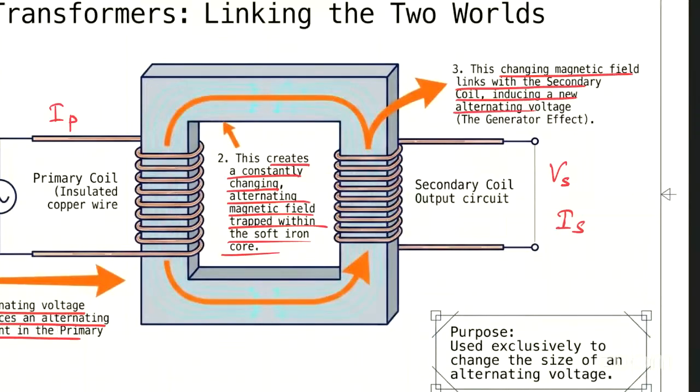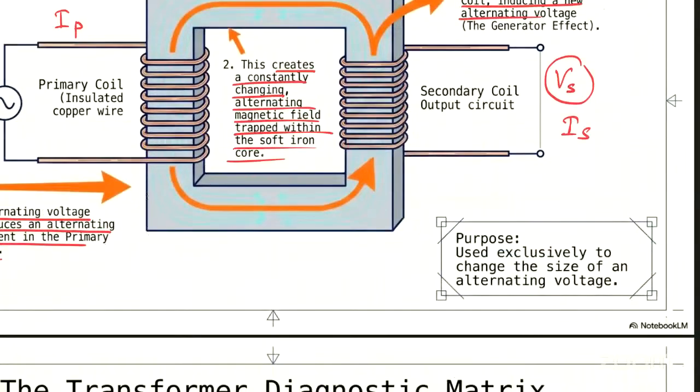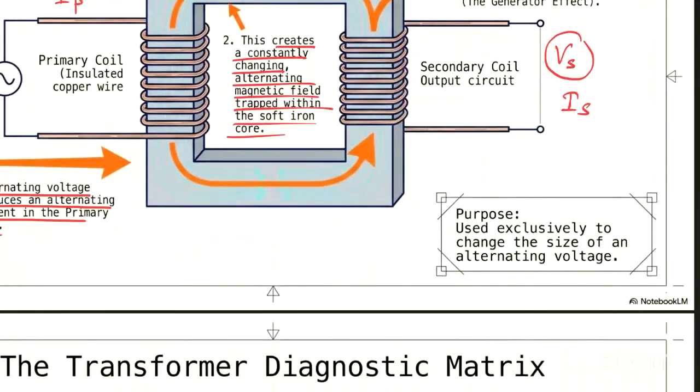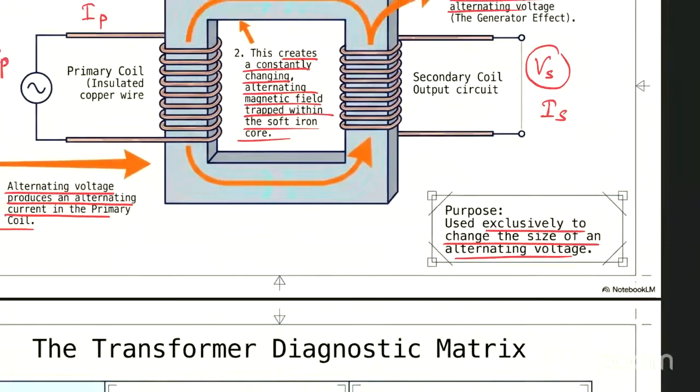That is known as the generator effect. That new voltage will be the Vs value. The main purpose of using a transformer is to change the size of an alternating voltage, whether we increase the voltage output or decrease it.